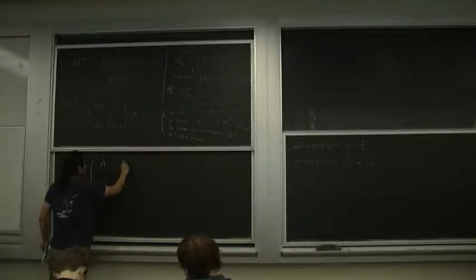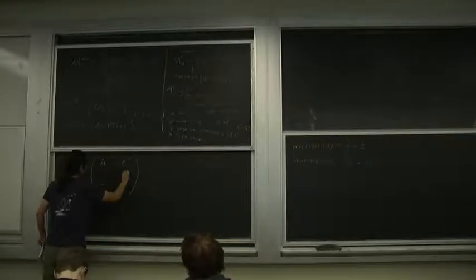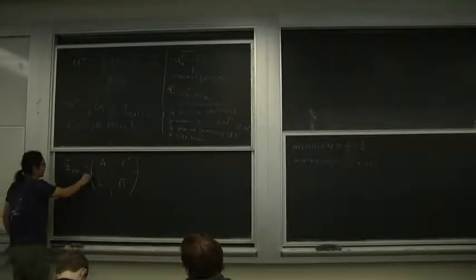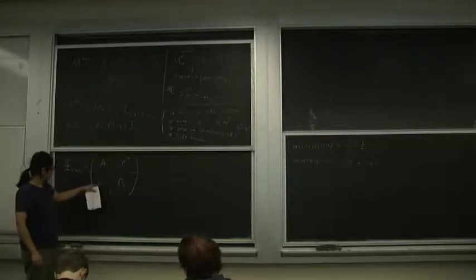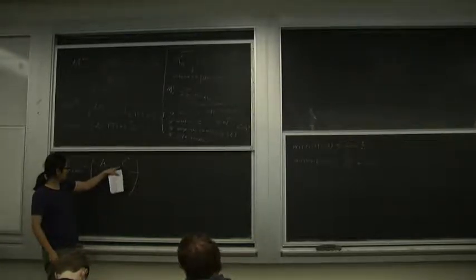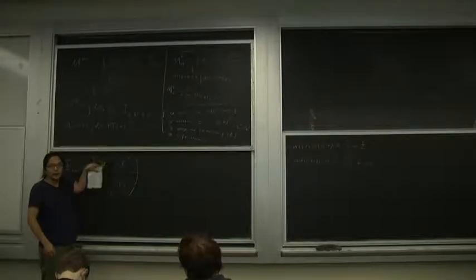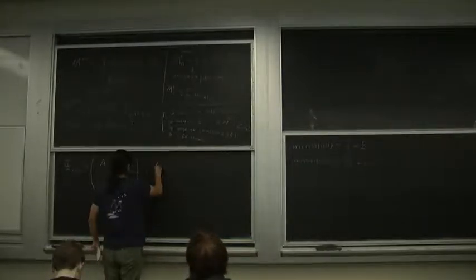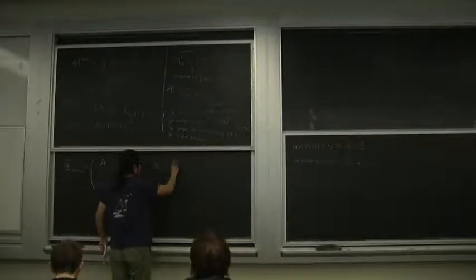So it has these 4 blocks, each an n by n matrix, where this one you take to be minus C transpose, to make it anti-symmetric. So the diagonal blocks have to be anti-symmetric by themselves. And they are very simple things.